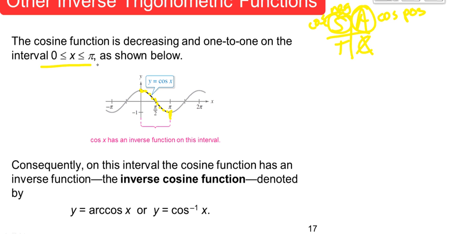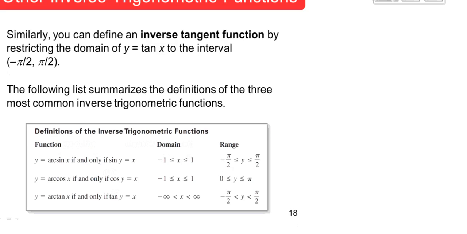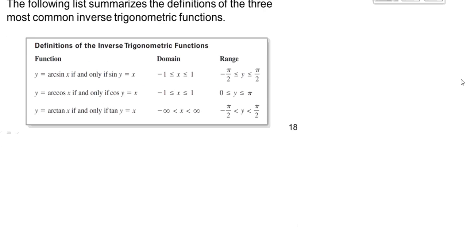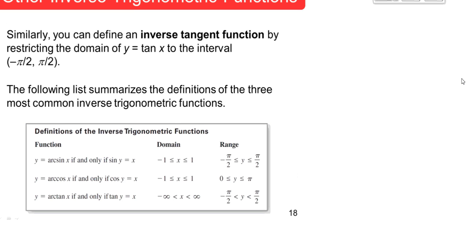So again, the inverse cosine, arc cosine, or cosine to the negative 1. Here's all of these, and this is an important little piece here. And then it just talks about the inverse tangent as well.